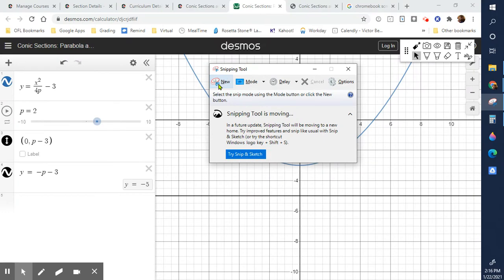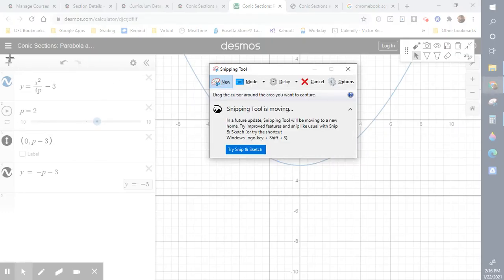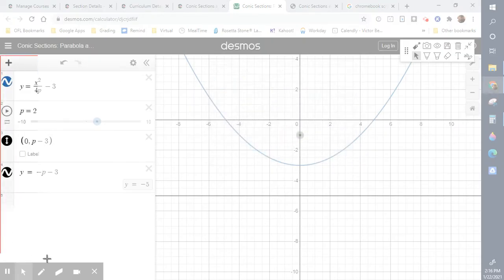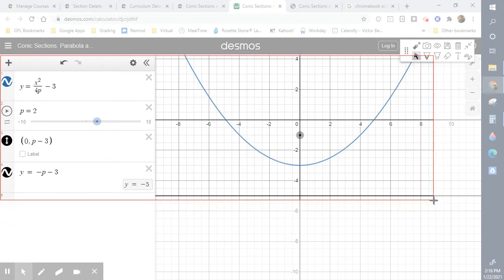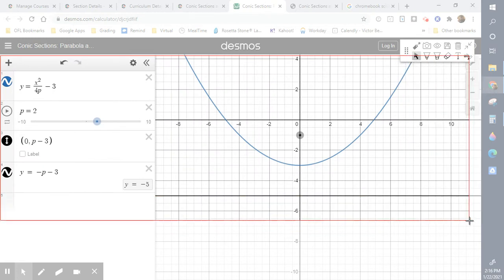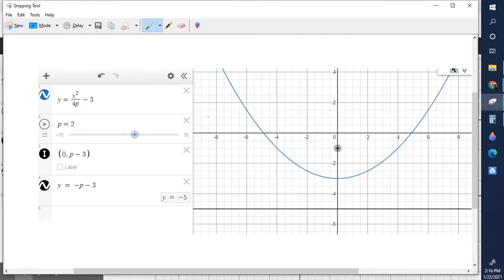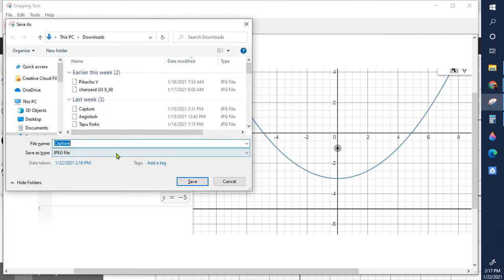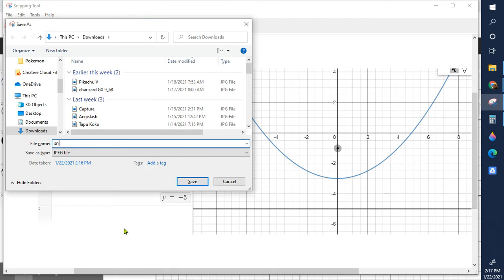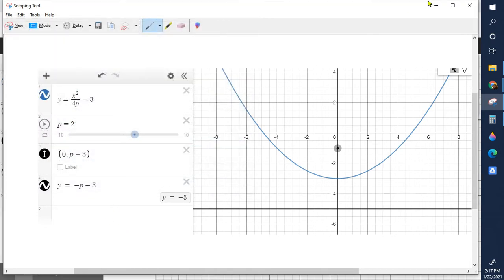We're going to click new, start a new snip, and I'm going to snip this. You can also look up how to snip on a Chromebook, but what I'm going to do is just snip that, and I'm going to press Control S to save the image. And what I'm going to do now is write snip 1. So I do that.